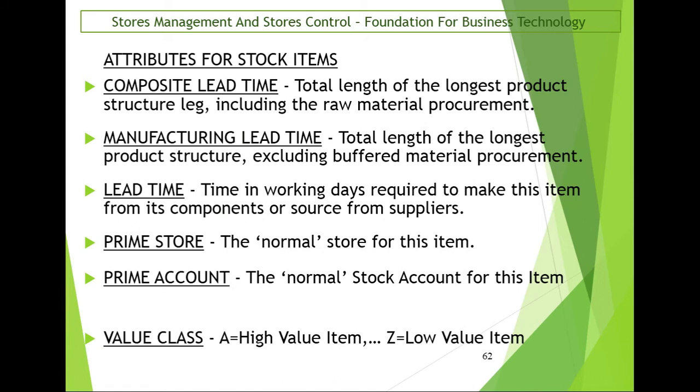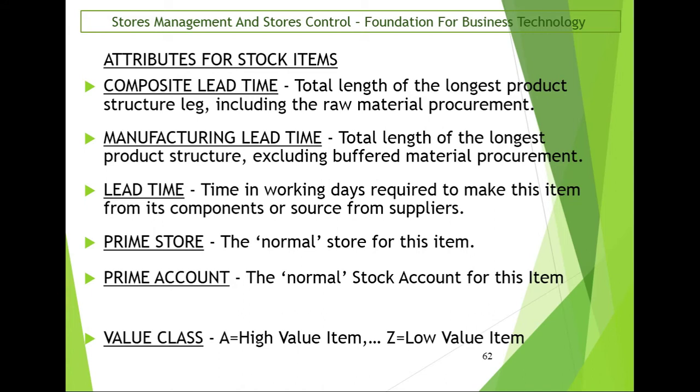Earlier on, I mentioned that there are different lead times in the factory. The first lead time we talked about was the time it takes to make the items when all the raw materials are available. We have got what we call composite lead time, which is the total length of the longest structure leg, including raw material procurement.